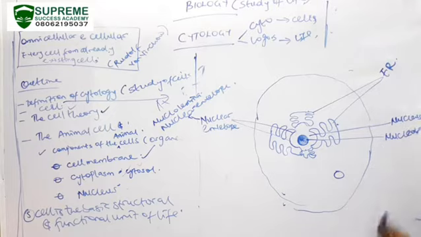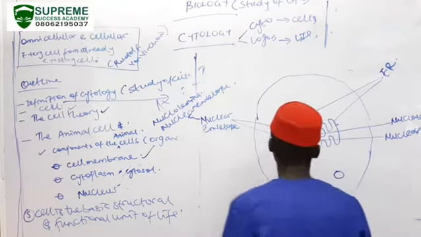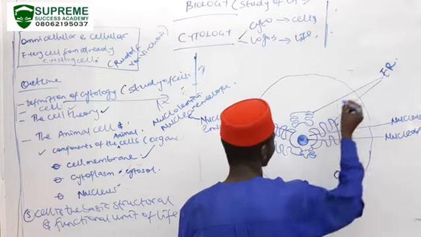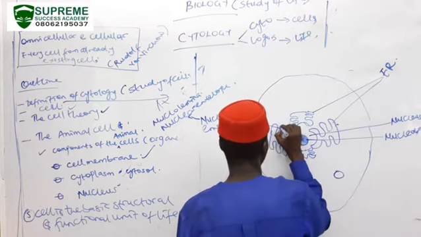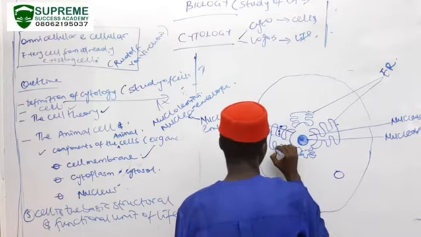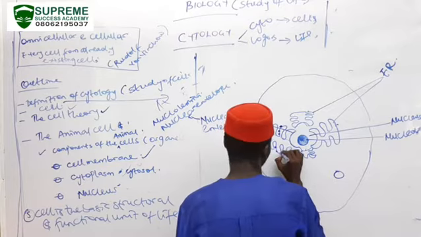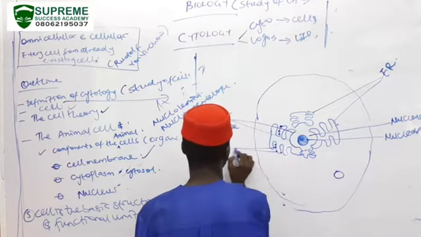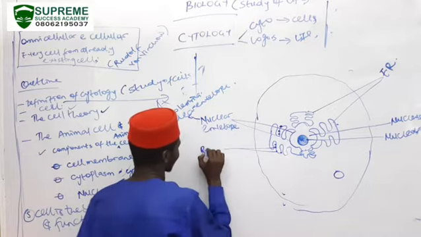Primarily, we have the ER, which can either consist of ribosomes. Look at the dotted structure; here we call them ribosomes.